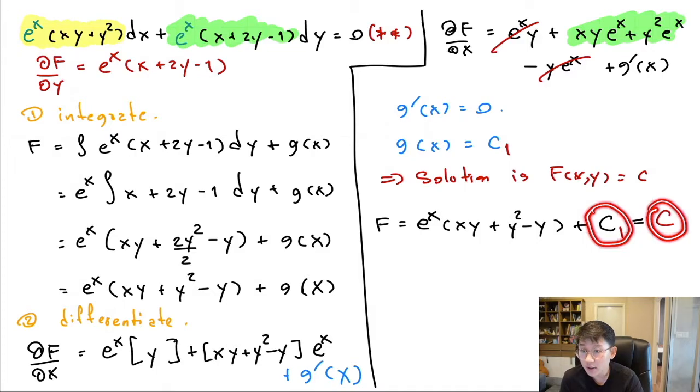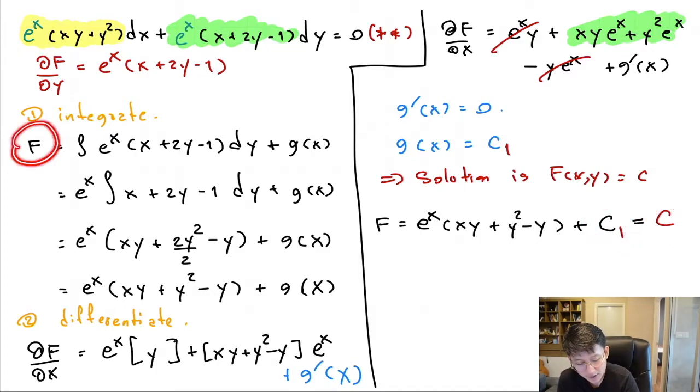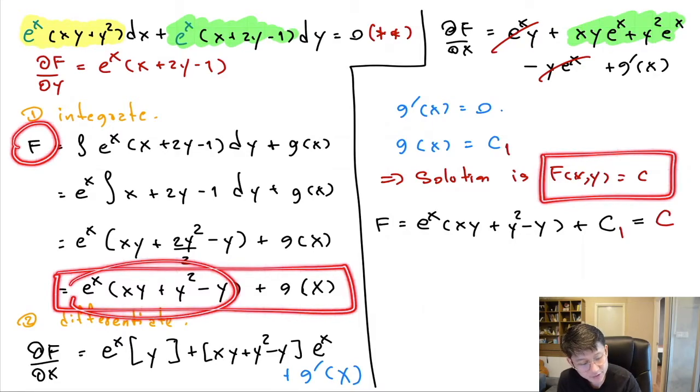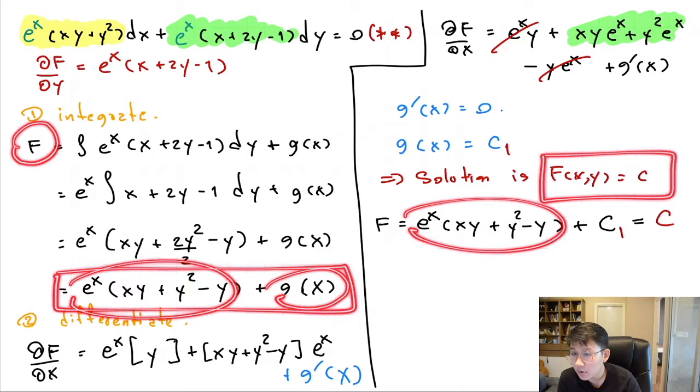Okay, guys, for some of you who are confused, f is this guy, right? The solution is f equals c. So this is just that, and gx is c1, equals c.